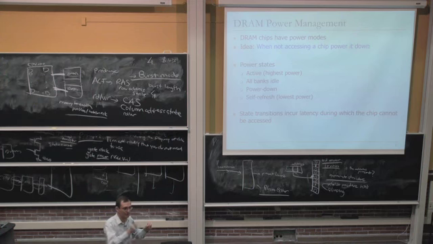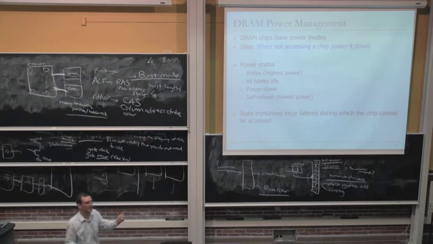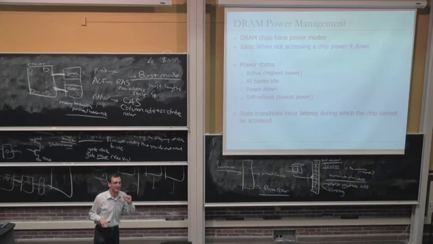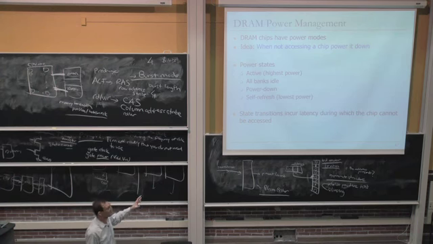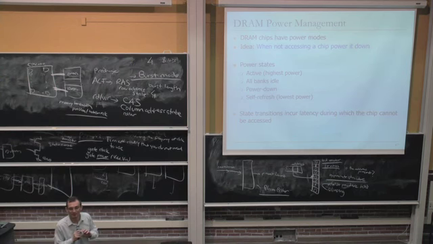The chip itself does refreshes, but you cannot do anything else with the chip. So for example, when your cell phone is not being used, very likely it's in self-refresh mode. The chip itself does the refreshes. The controller doesn't need to deal with it. The chip has automatic circuitry to do this. And that's the lowest power mode. But you still need to do refreshes.